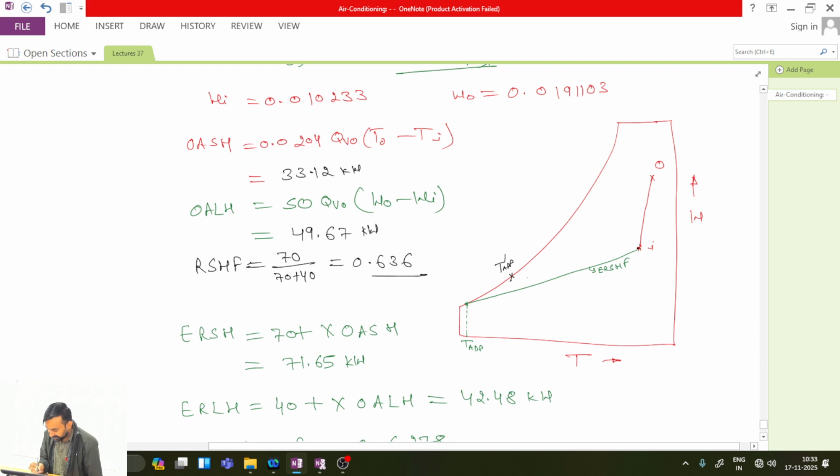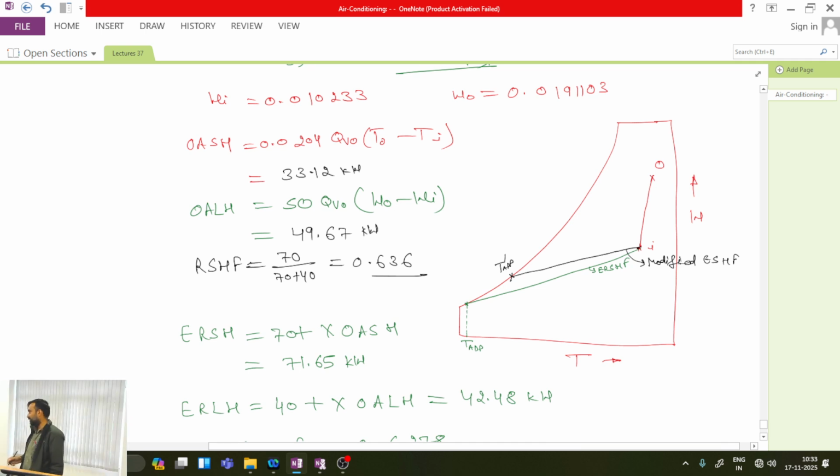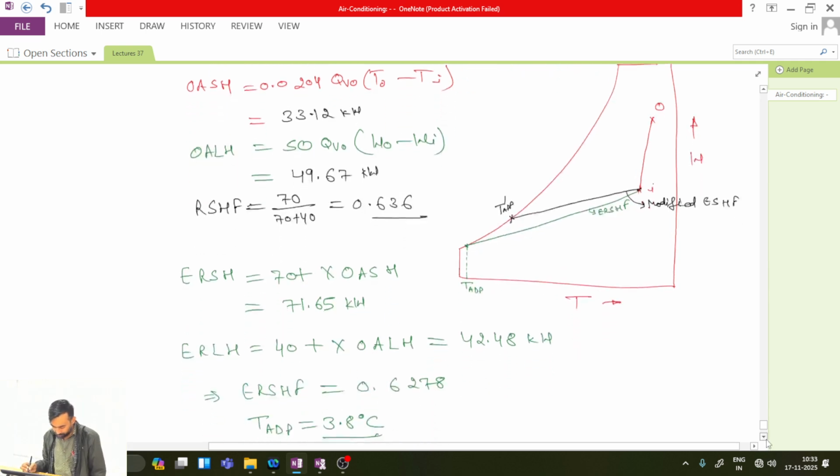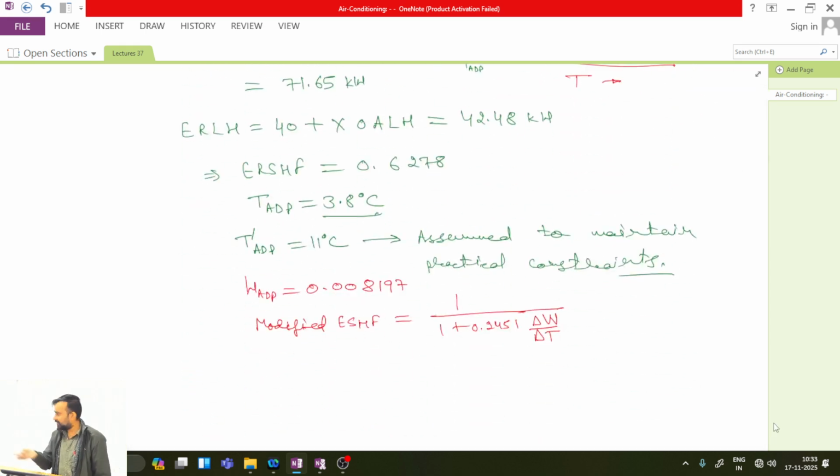This is T dash ADP. So if I join the line between T dash ADP and I, what will I get? The modified ESHF, the modified effective room sensible heat factor. Is this point clear?